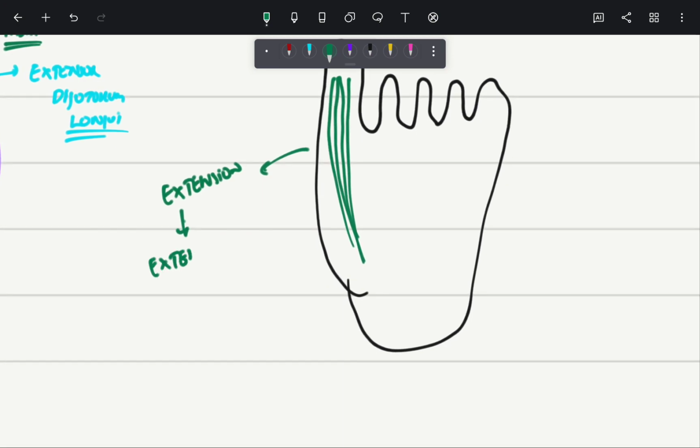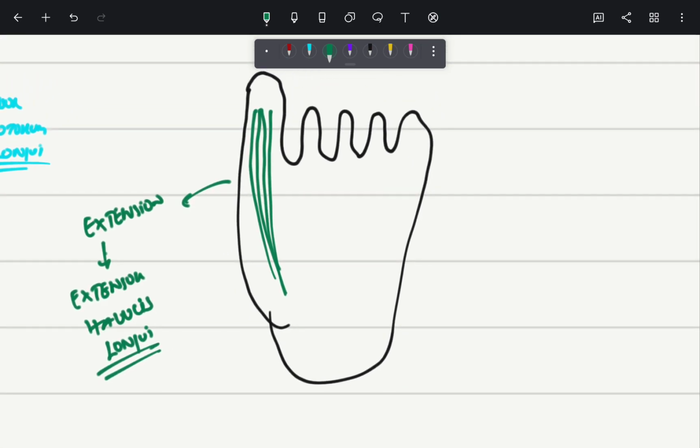Hence it is called extensor hallucis. Hallucis means great toe. Hallucis longus, since it is a very long muscle. Okay. Similarly, from the digits there are muscles which are very long, and these muscles also help in the extension of the digits.